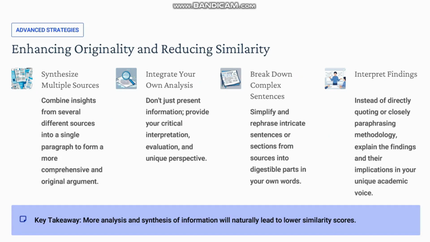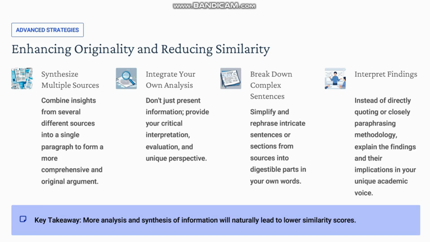All right. So, enhancing originality and reducing similarity index. First, when you want to copy from another source, it is important to try to synthesize multiple sources. Very effective.